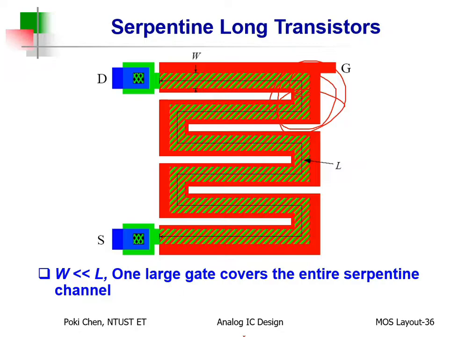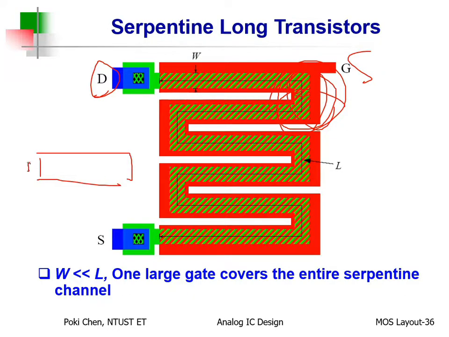So, what is my recommendation? For each segment, drain here, source there, right? Then connect them by metal line. That's it. So for each one, you have something like this, right?